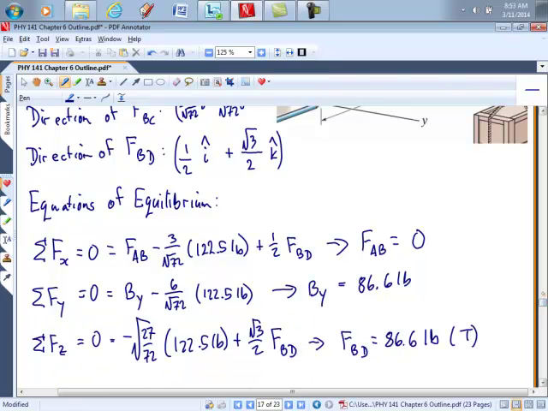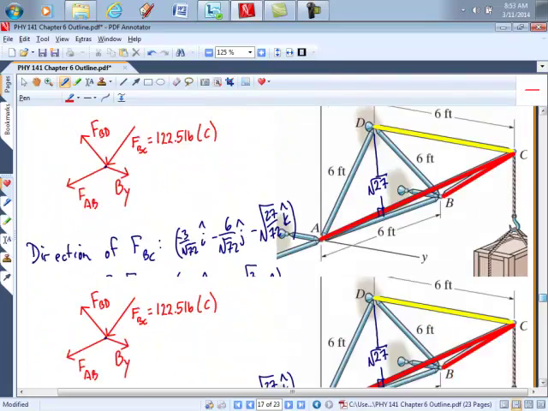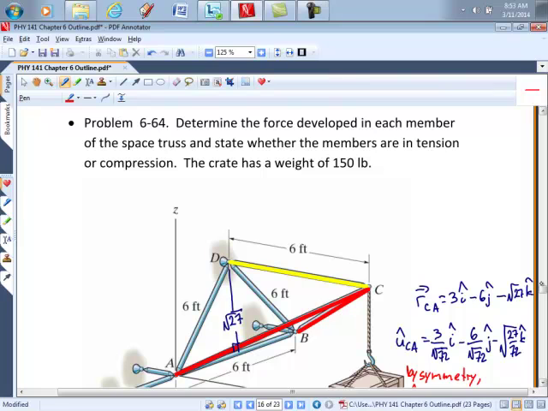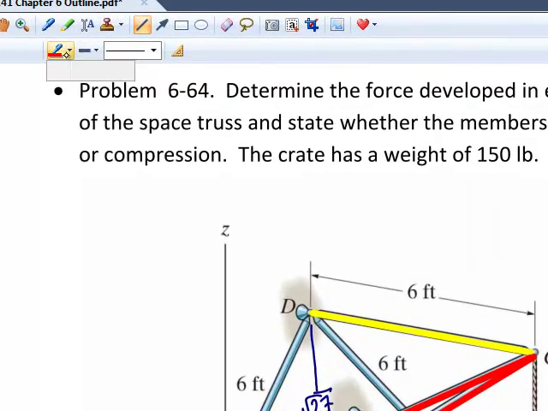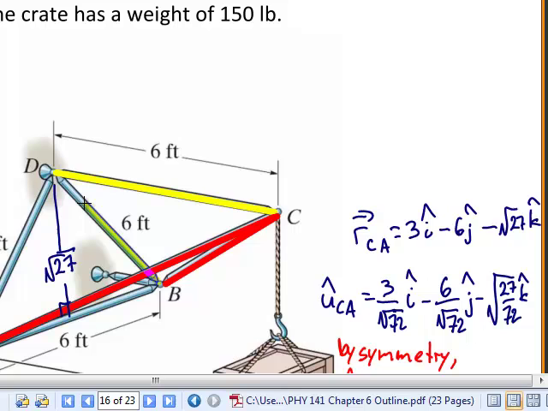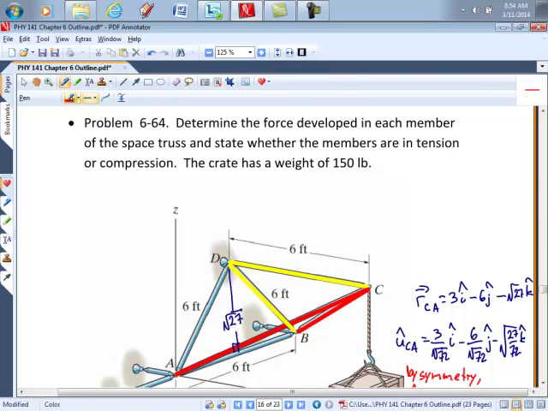FBD, highlight those first. All right, so we had FBD was in tension, and FAB was zero force member.